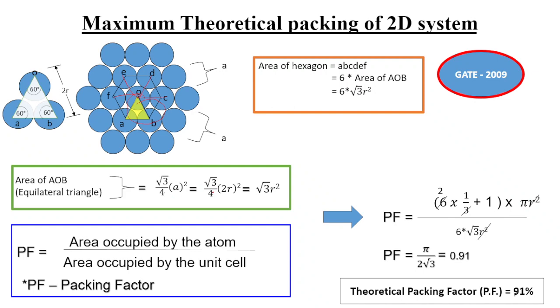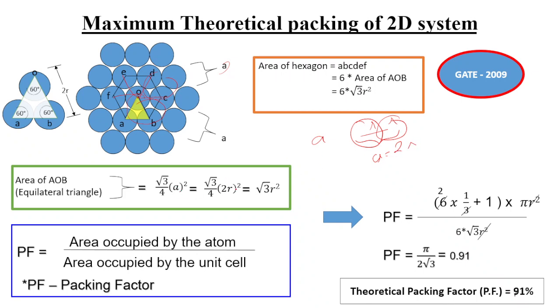We consider each side of the hexagon as a. We have also discussed that a is nothing but the interatomic distance. Interatomic distance also means two radii, radius 1 and radius 2, so 2r.